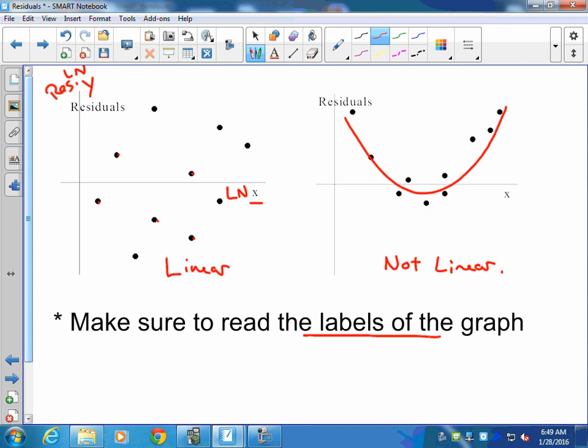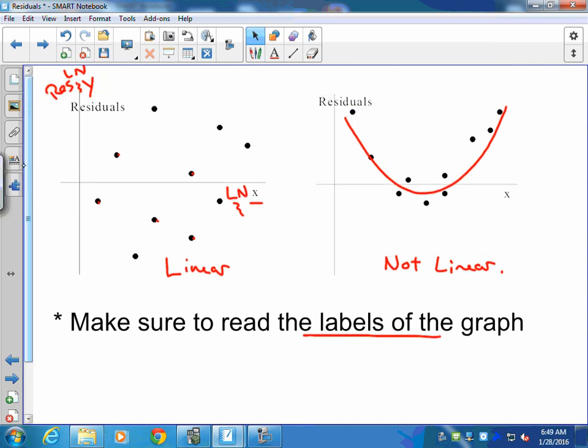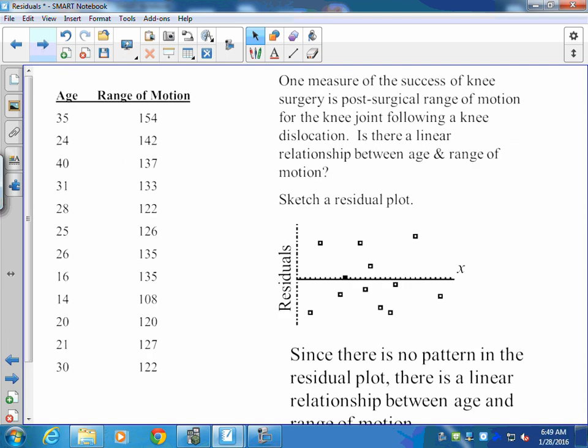So if you see other variables introduced in the graph, it may be a good association, but it is not an x-y linear association. It would be an ln of x, ln of y, or some mixture of that. So make sure you read the labels of the residual graph so you know what was being used to get that individual residual plot.